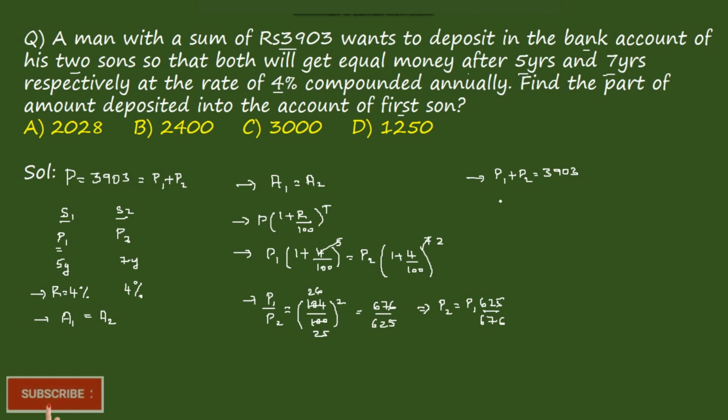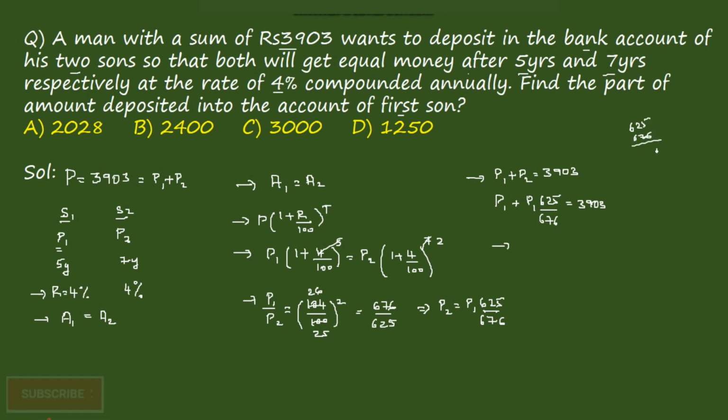We know the values, so just substitute it. P1 plus P1 into 625 by 676 is equal to 3903. Just take the LCM, we get 625 with 676, just add it.